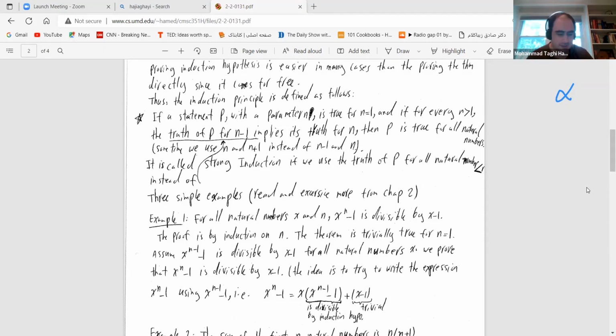One interesting thing about this book is that it tries to use induction to design algorithms. Somehow induction and algorithm design are very related in this book, which I actually like.